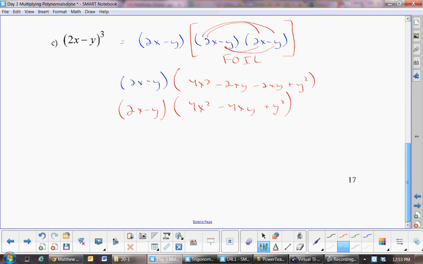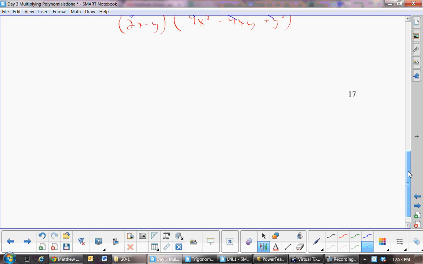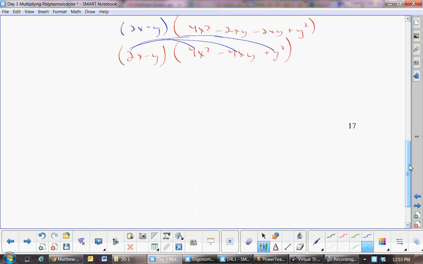Now guess what we do? So this would be the same thing as 2x getting multiplied to these. So let's try that out. What's 2x times 4x squared? 2x times negative 4xy.